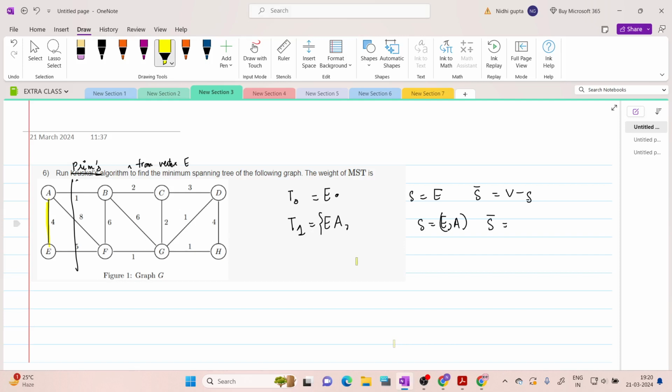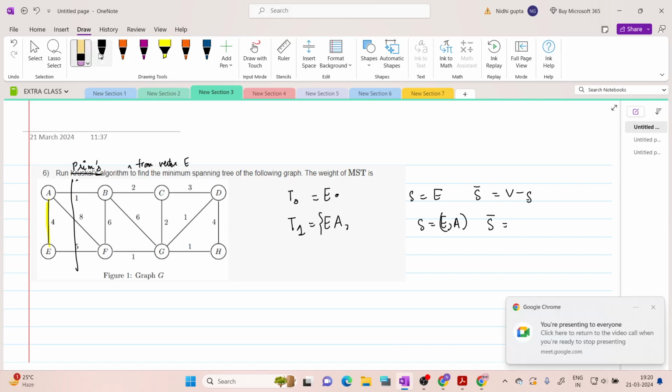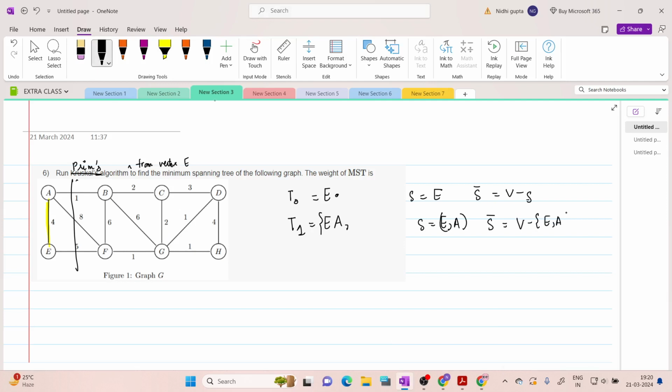So basically now S bar is V minus EA, and we have to look at the minimum cost edge, which is basically the edge with one vertex in S, the other in S bar, and has minimum cost.